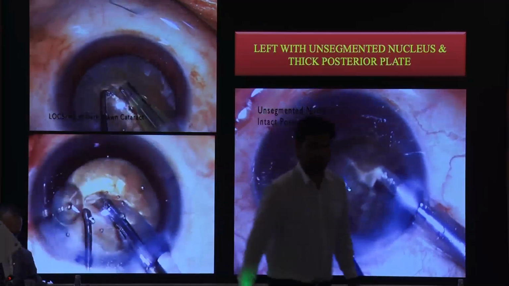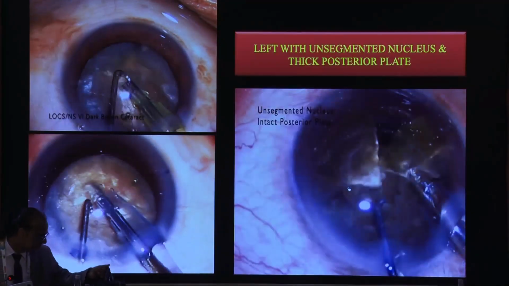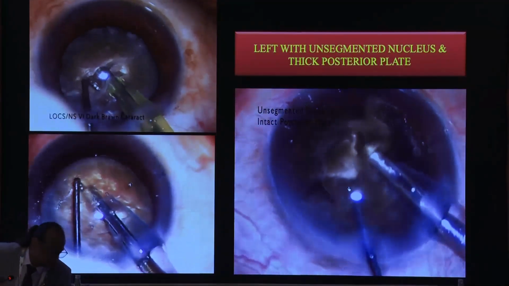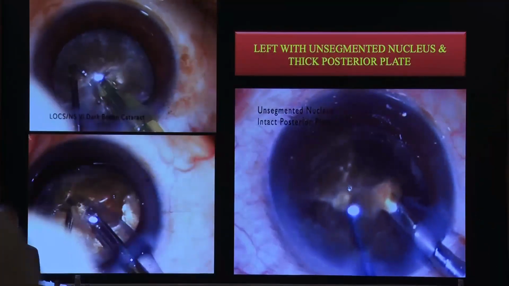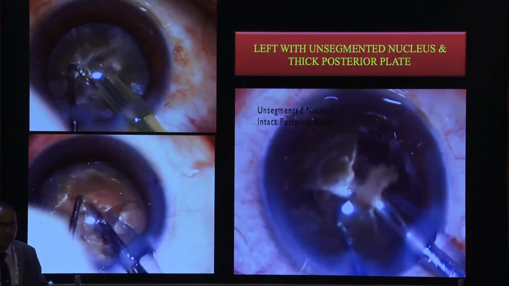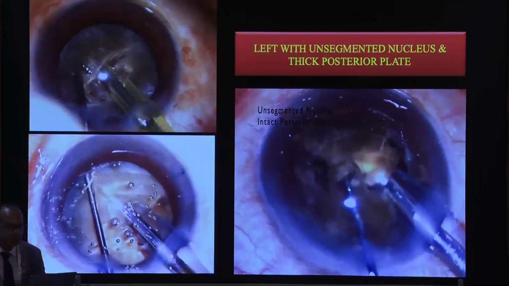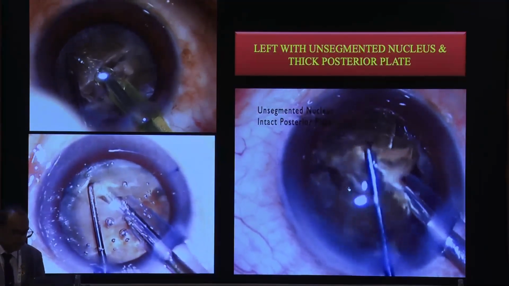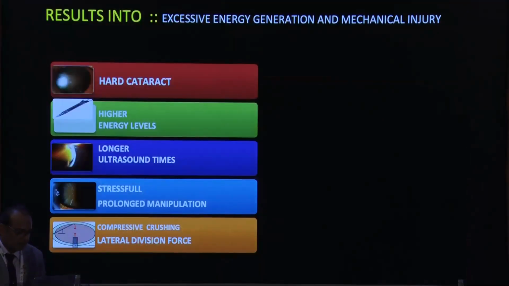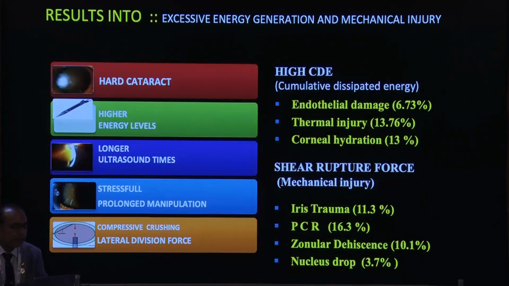A lot of manipulation is required to draw these pieces of the nucleus for emulsification. Many times you tend to have complications in these cases, in the form of high CDE value, as you may increase your phaco energy to emulsify these conjoined segments, and you may have endothelial damage and thermal injury. These are the complications we may come across.